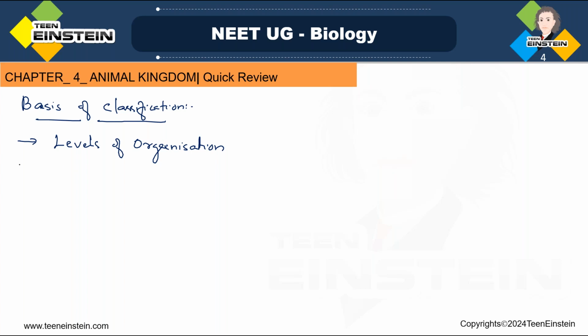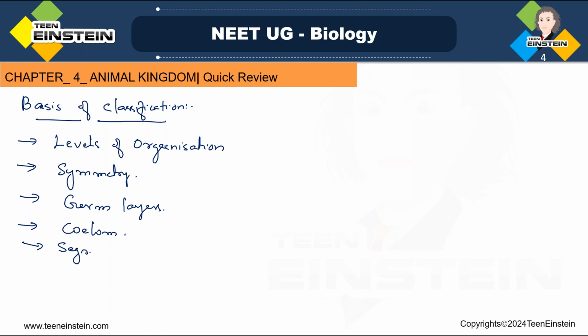So on what basis, what features are we considering for the classification? First we will learn levels of organization, then symmetry, body symmetry, that is another feature which we are considering. Then germ layers, that is one feature. Then coelom or body cavity we can say. Then segmentation, body segmentation. Then another one is respiratory system.